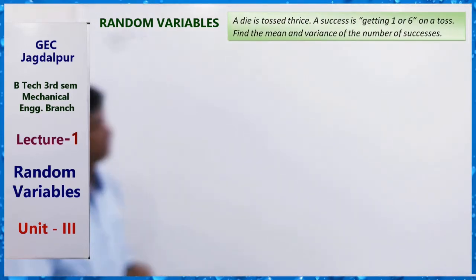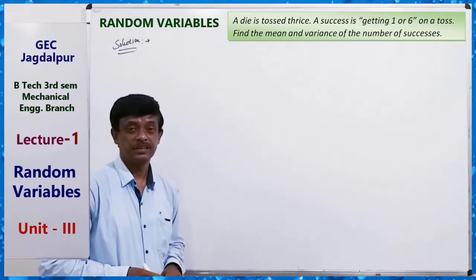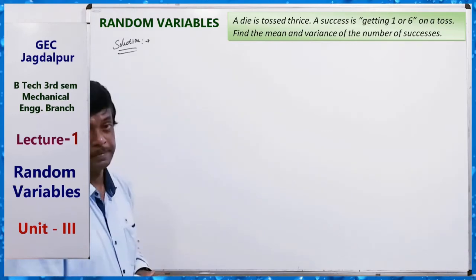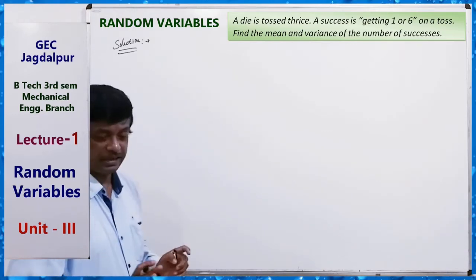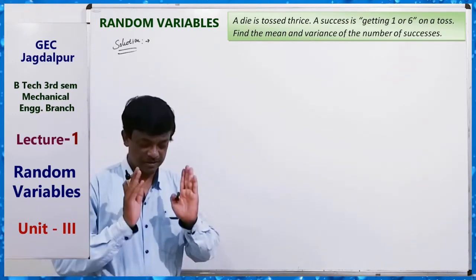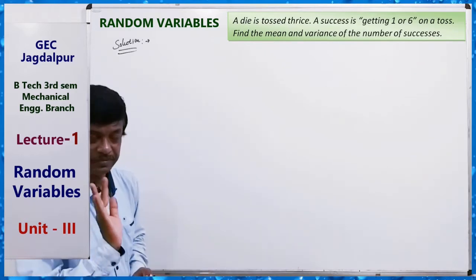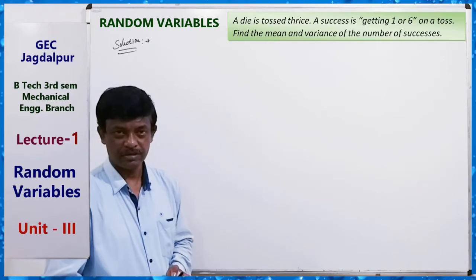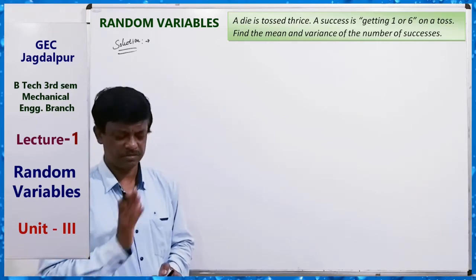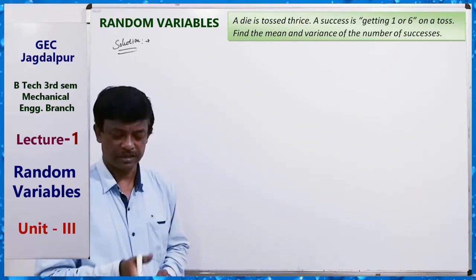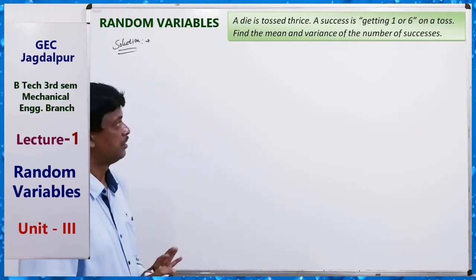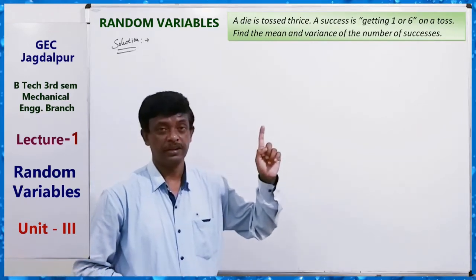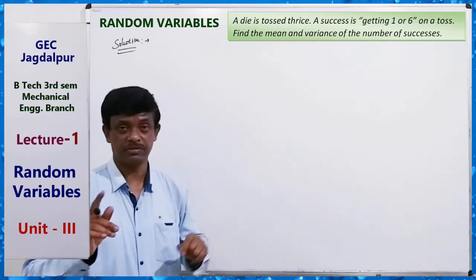Find the mean and variance of the number of successes. Okay. A die is tossed thrice, 3 times: 1 time, 2 times, 3 times, meaning first, second, third. And we have to find the mean and variance of the number of successes.